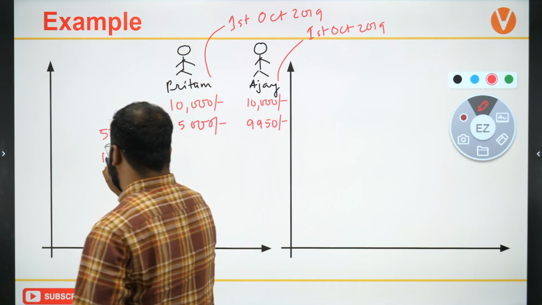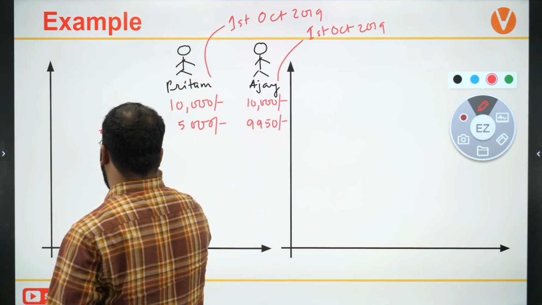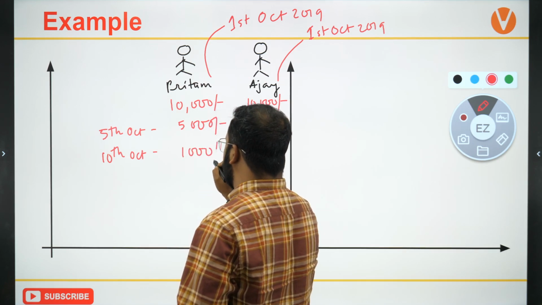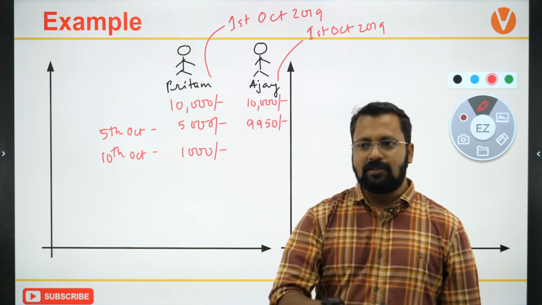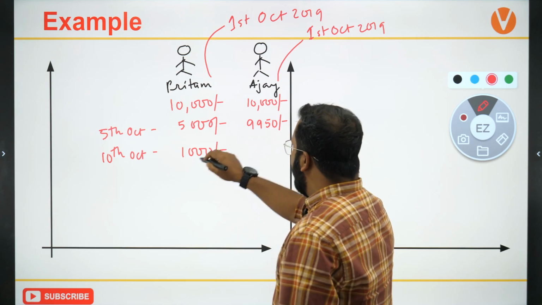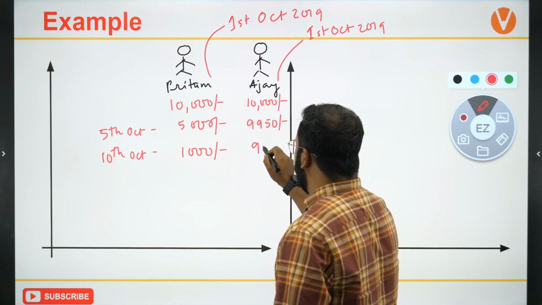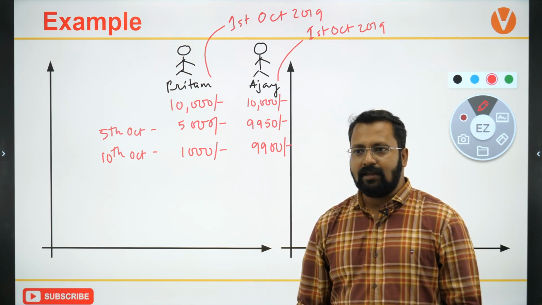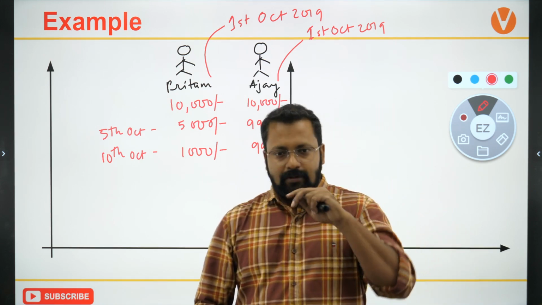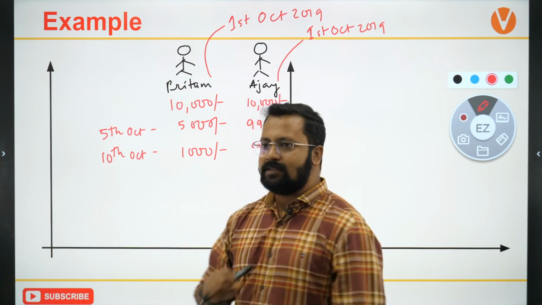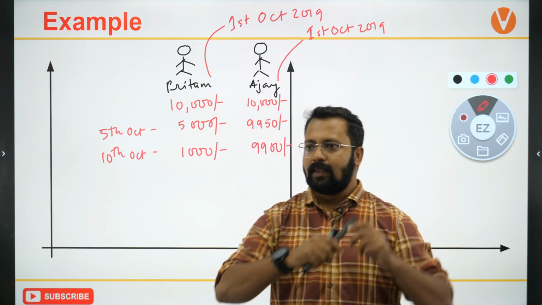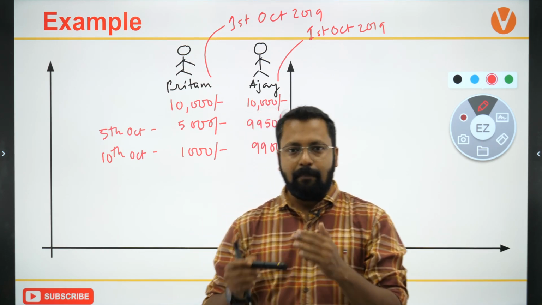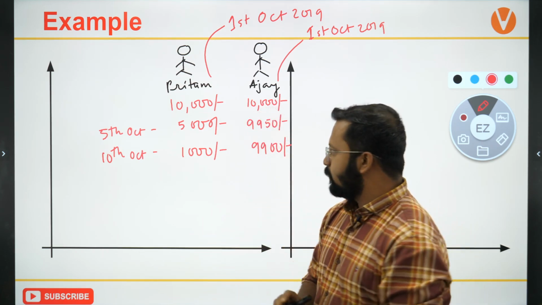So about on the 10th of October, Preetham is left with 1,000 rupees, and Ajay is now having 9,900 rupees. So how do we see Preetham's and Ajay's behavior?